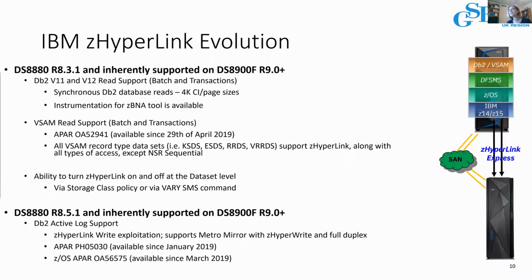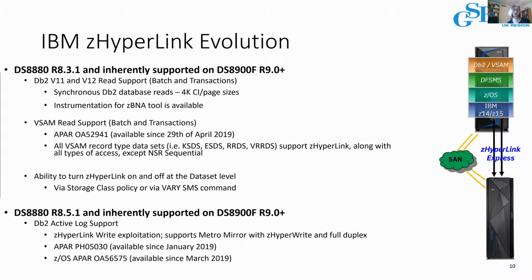That support was rolled back for version 11. I used to do this chart in sort of the order things occurred, but at this point you can find it in these various places, so might as well just mention them all at the same time. So this was initially allowing for database reads. We also came out with the zBNA tool, which I'll talk about later on in the presentation. We also then extended that read support to VSAM.